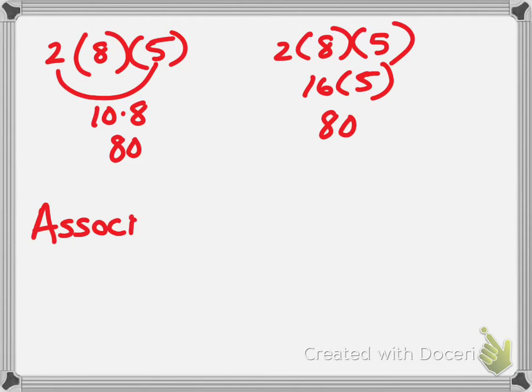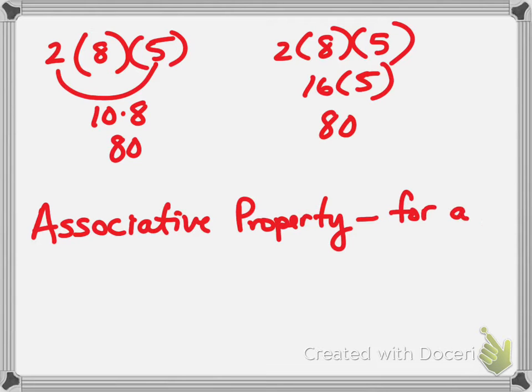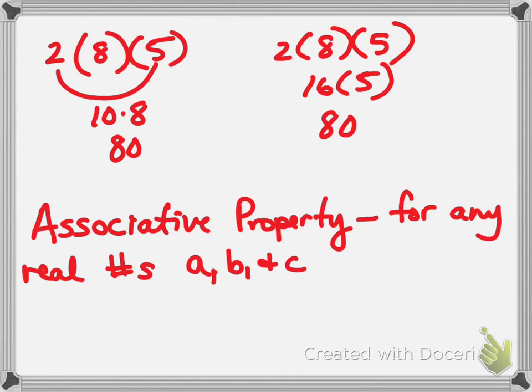Associative property is another one of those oldie and goodies. For any real numbers A, B, and C, there's an addition part.